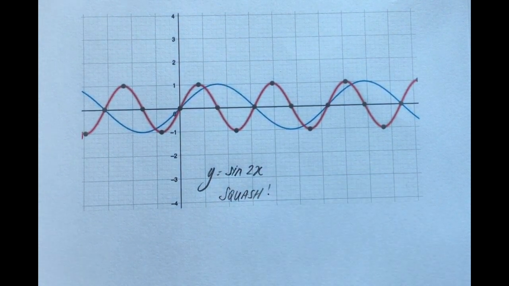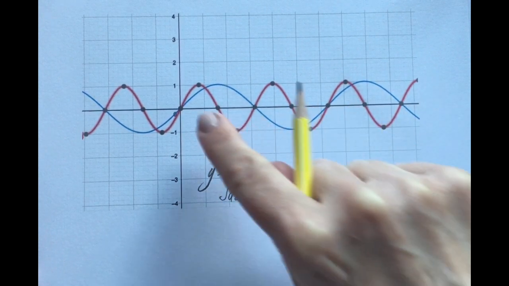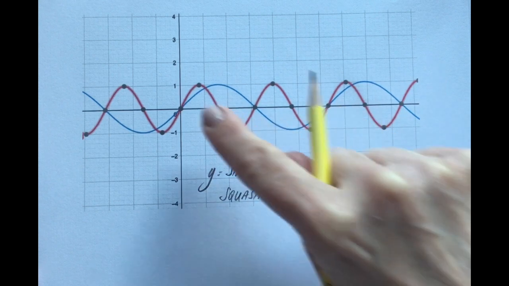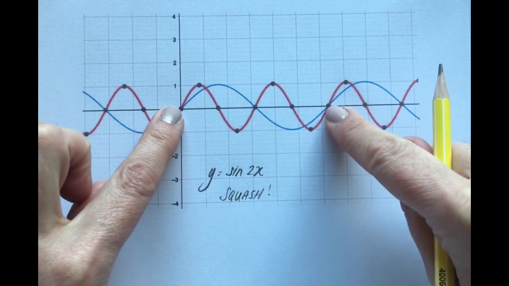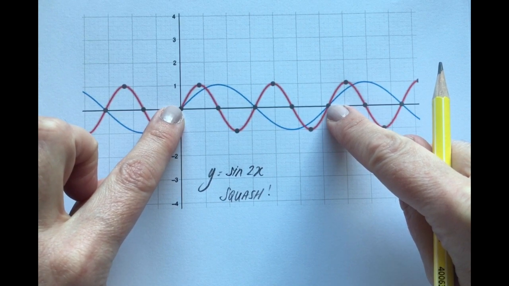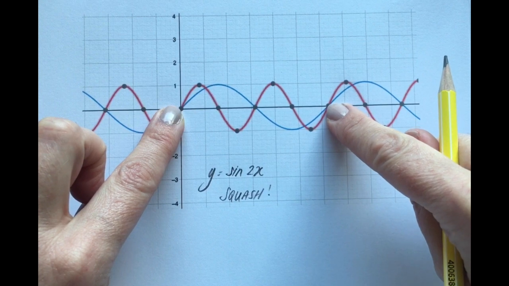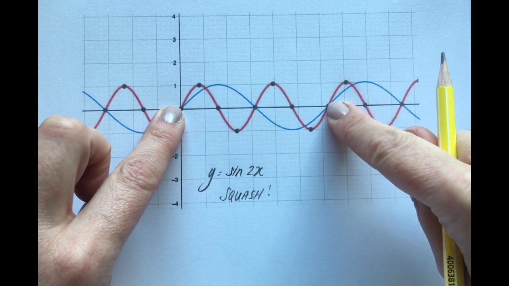There's twice as much of that original repeated shape in that original period. From 0 to 360 degrees, where there is usually just one horizontal backwards S, there are now 2 of those horizontal backwards S's.